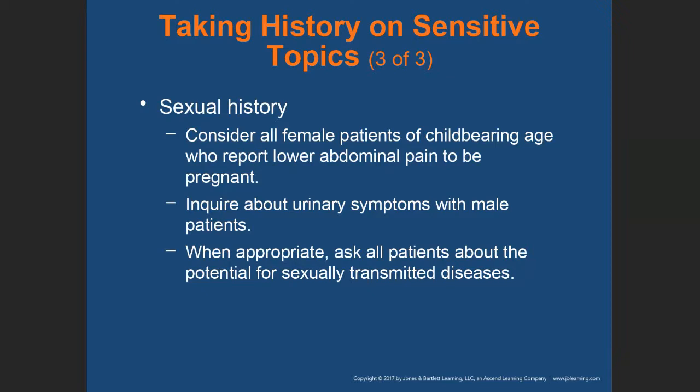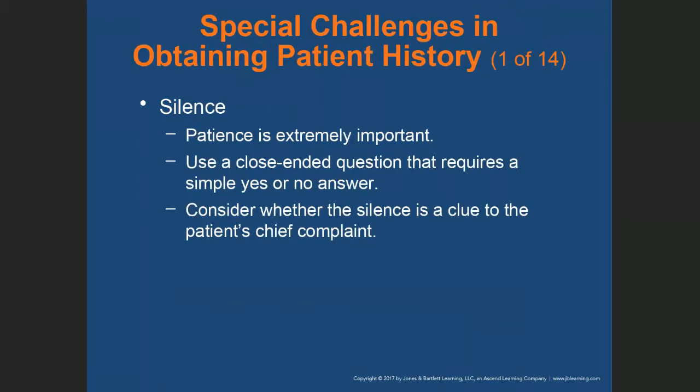Sexual history: consider all female patients of childbearing age who report lower abdominal pain to be pregnant. Inquire about urinary symptoms with male patients. When appropriate, ask all patients about the potential for sexually transmitted diseases.